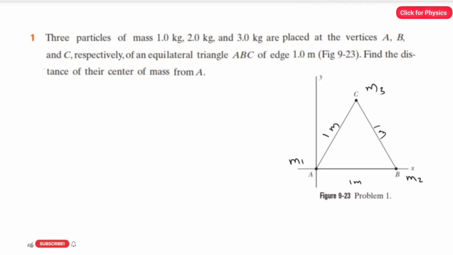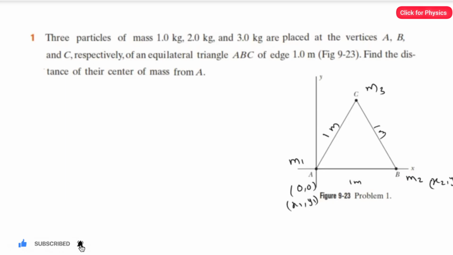And here we have to find the coordinates of the masses. Let's see, M1 is exactly kept on the origin. That means its x1 and y1 values are 0, 0. Likewise for B, we have to find its coordinates, which are x2, y2.